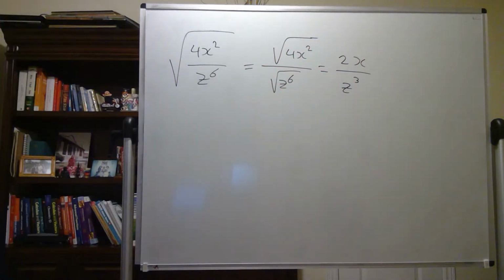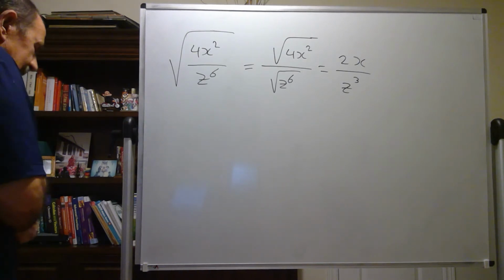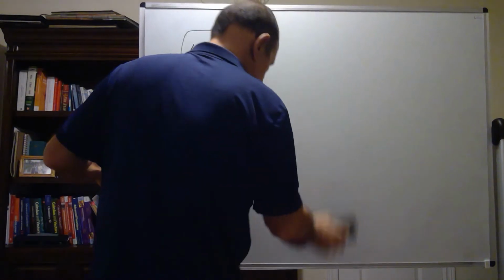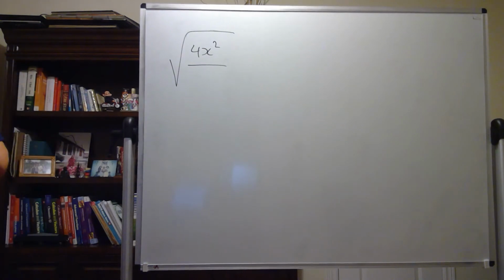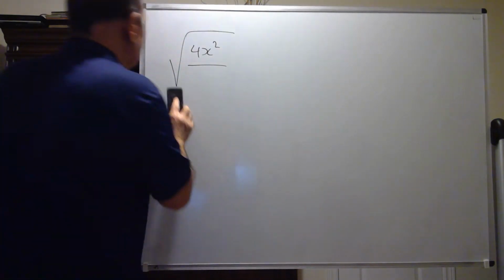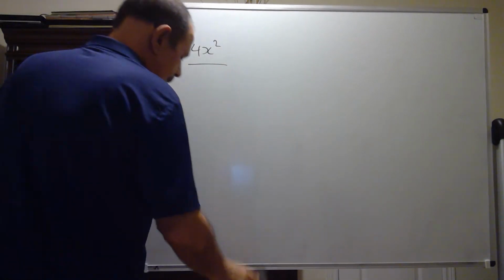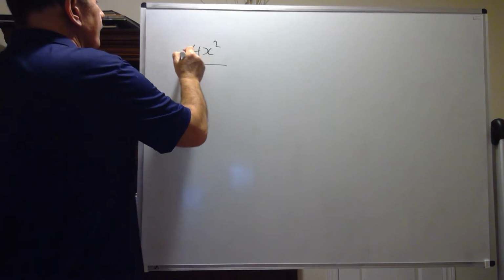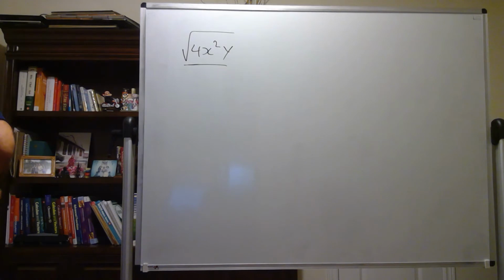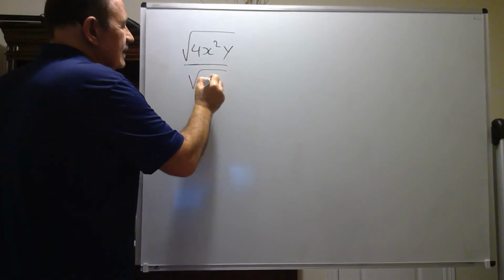Let's use another example. Radical 4x squared y divided by radical xy.